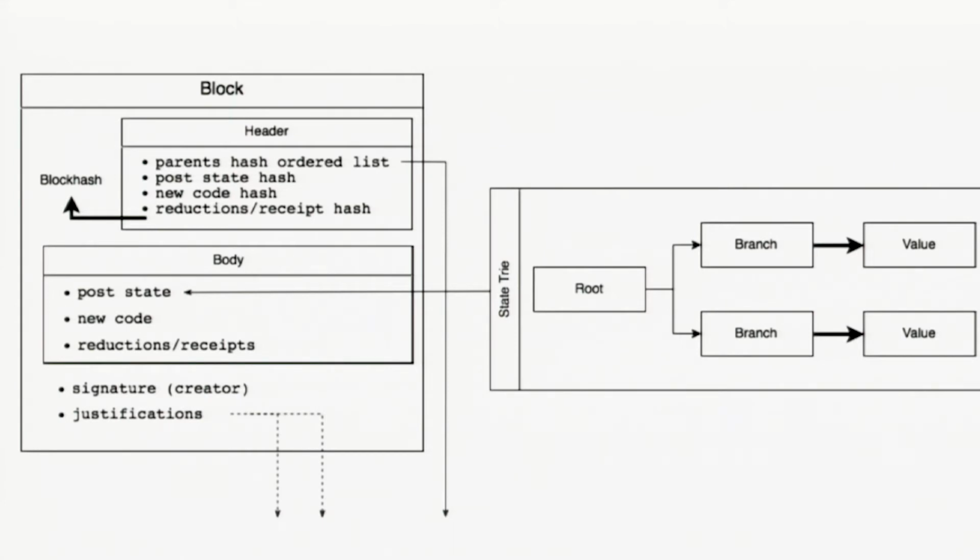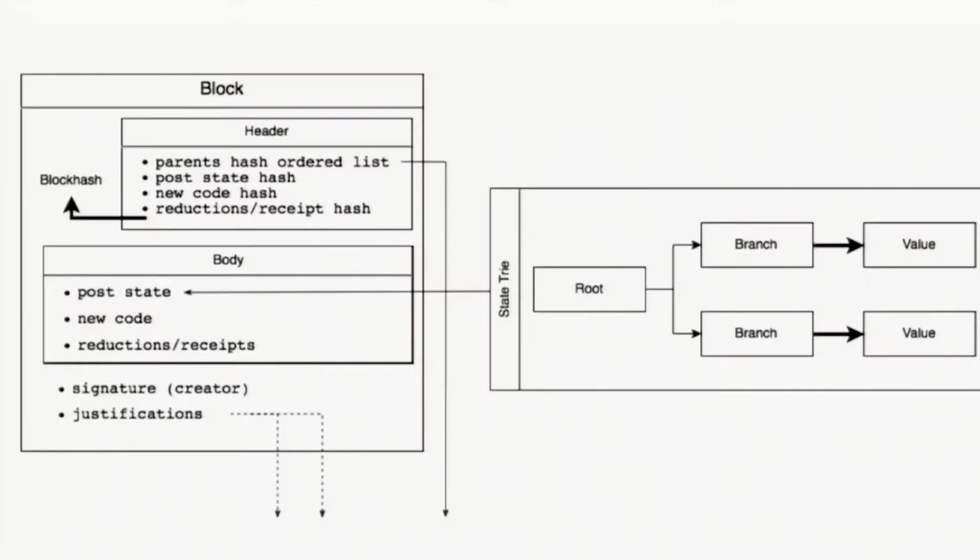The header will include a pointer to the previous block that has that root hash. We're going to use something like a Patricia trie to handle the state. As part of that, we have deterministic serialization of Rholang terms. When Michael gets here, he can give this part of the talk.